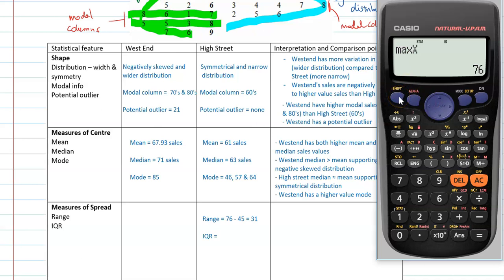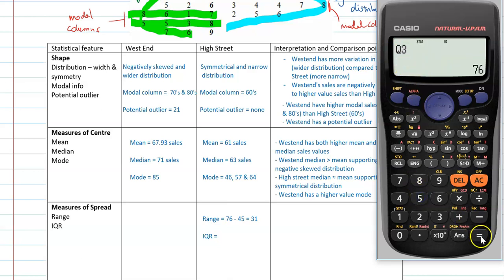Moving on to the IQR, again, I want to use my statistical function on my calculator. So selecting option 5, I want my Q3 and my Q1 because my IQR is the Q3 minus the Q1.